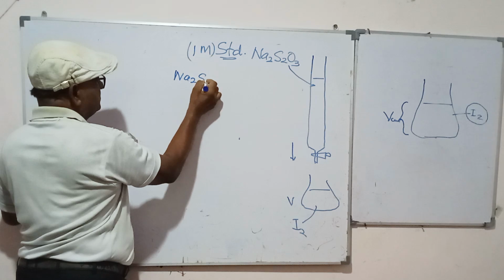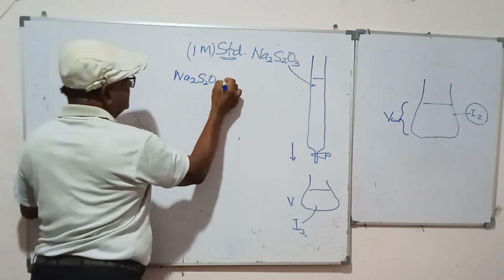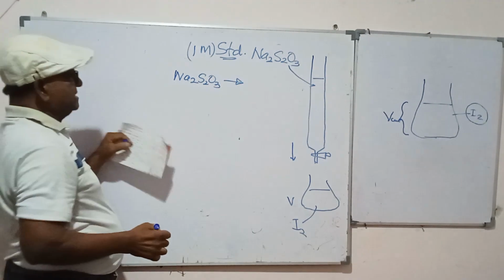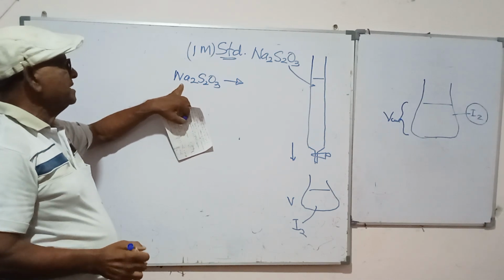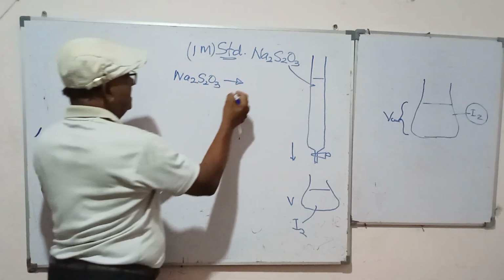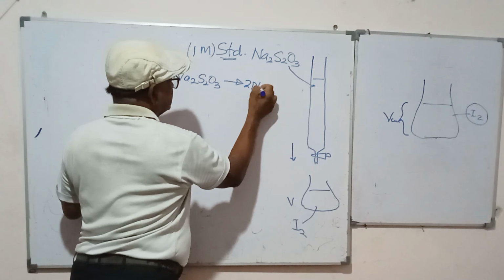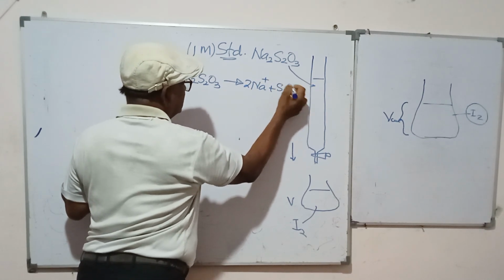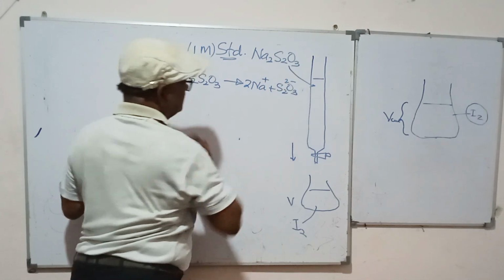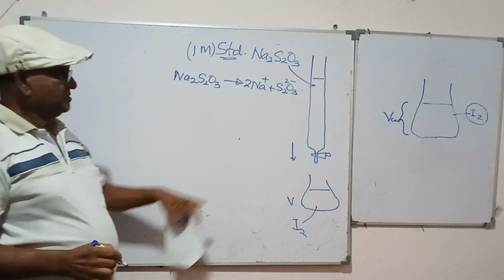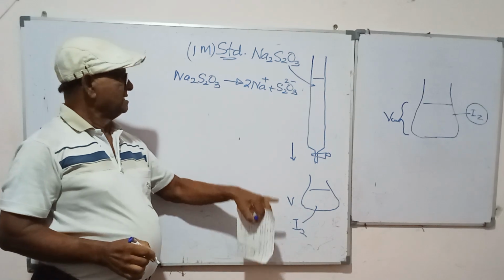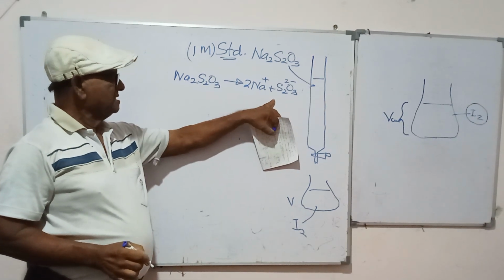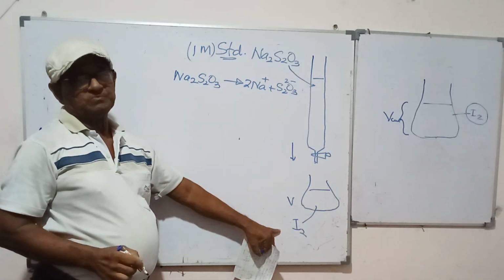Na2S2O3 ionizes. It is completely ionized because sodium is an active metal, giving 2Na+ and S2O3 2- thiosulfate ions. So this solution supplies thiosulfate ions to react with I2.